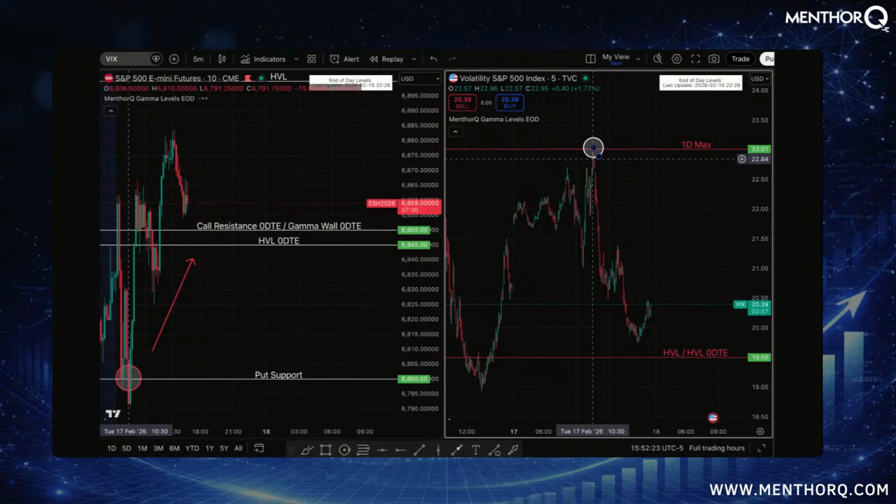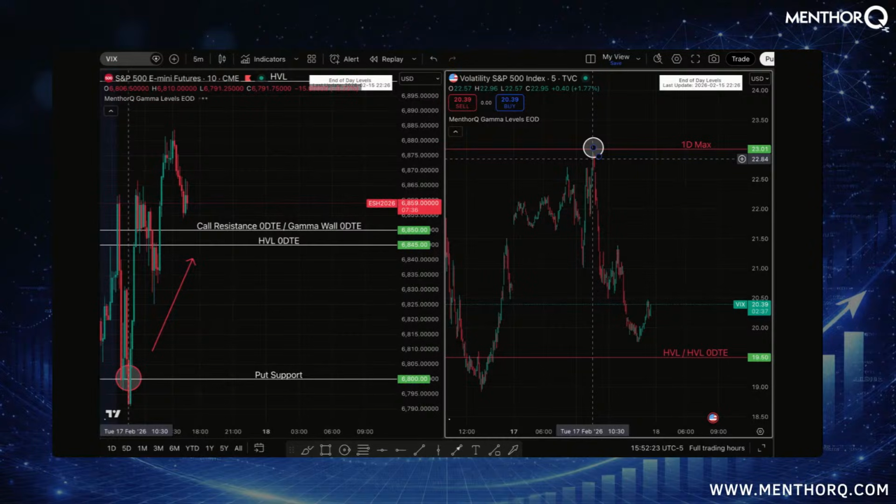And what we want to show you is how you can use the data in conjunction with the VIX to potentially find a good entry. So what you see on the left was the down move in the morning at the open until about 10:30 on ES. And on the opposite side, on the right, how the VIX actually could have given us a good idea of a potential reversal.